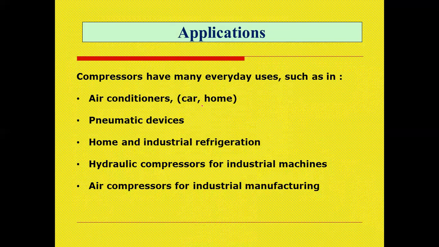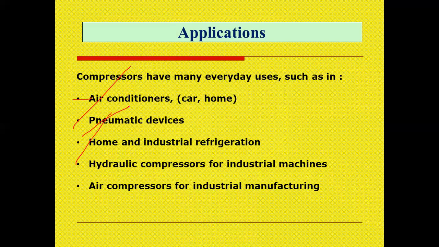Next one is home and industrial refrigeration. So for both type of applications, either it is window type, split type, or central AC for home or industry, we are using the compressors.